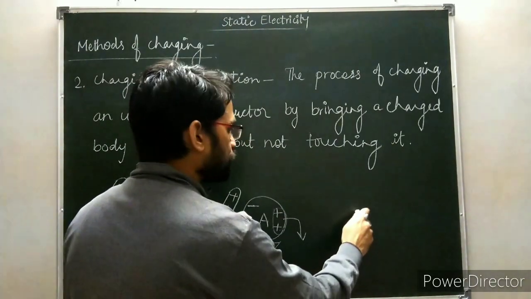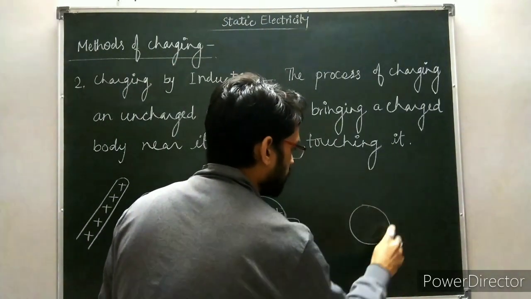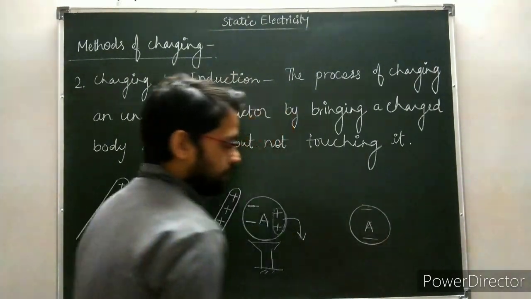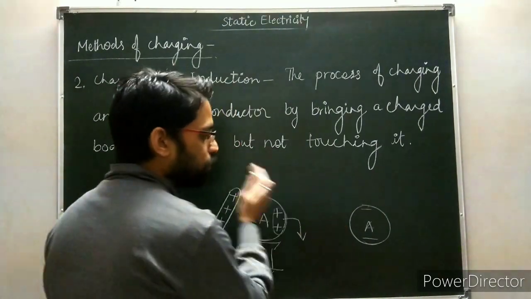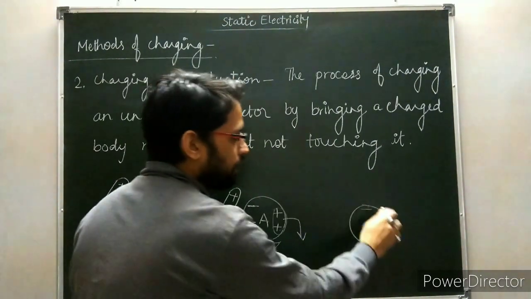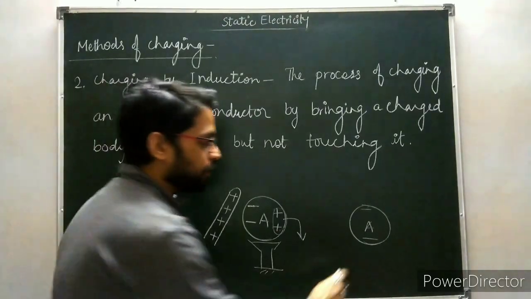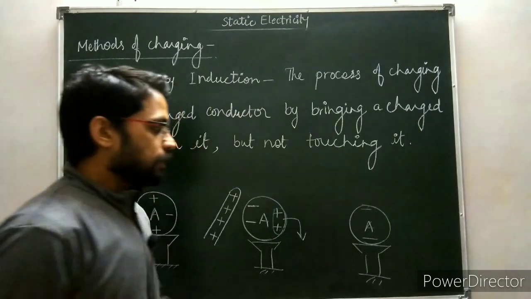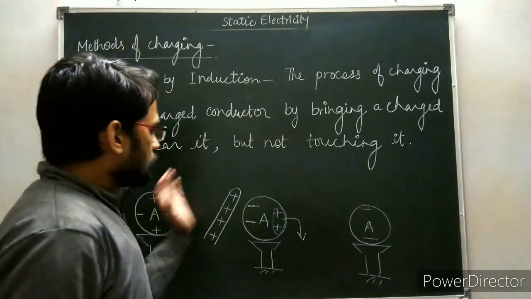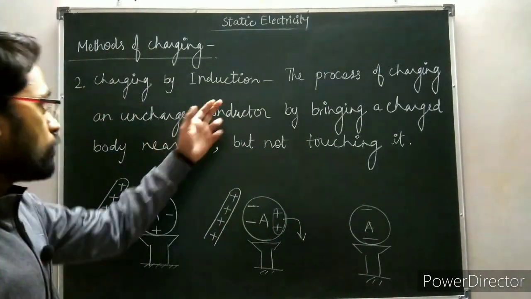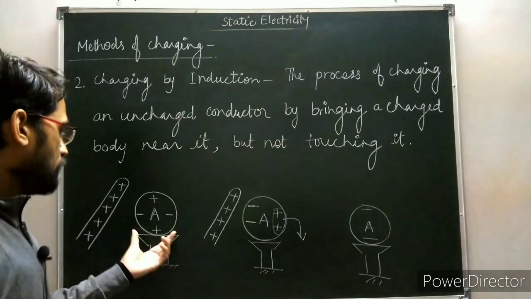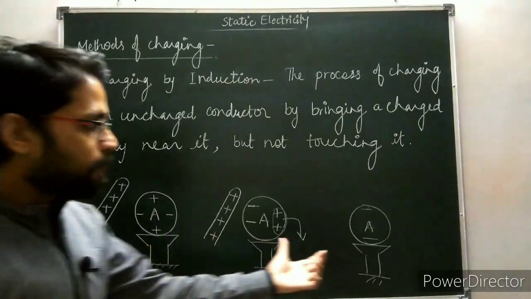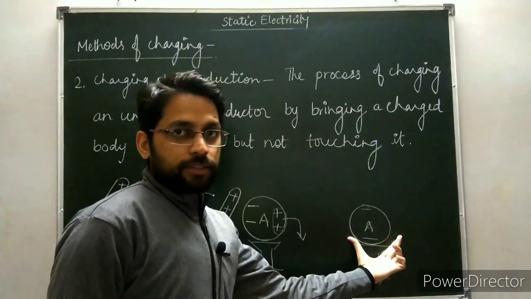So after touching, the conductor A has only negative charge. When you remove the rod, the charge will be distributed equally throughout the surface of the conductor. So this is how we can charge a conductor by the process of induction. Initially the conductor is neutral, but finally it has negative charge.